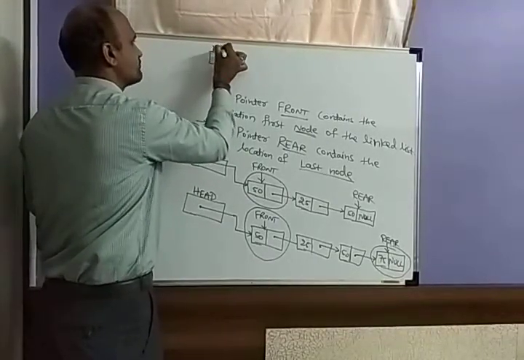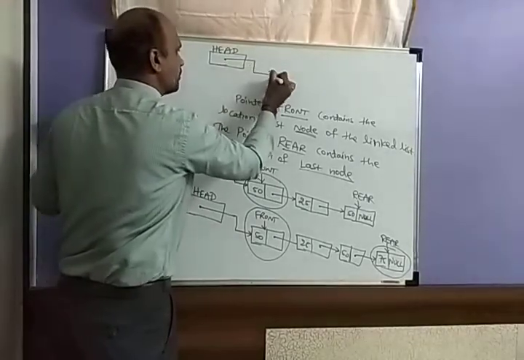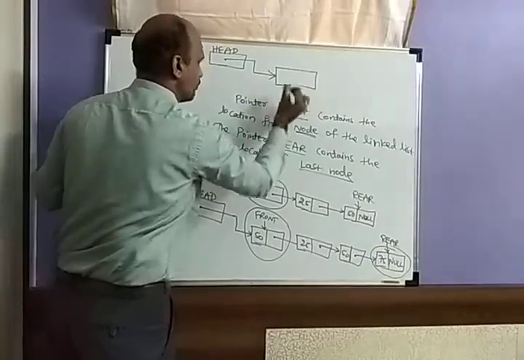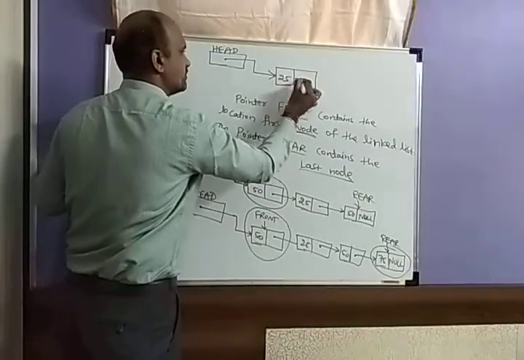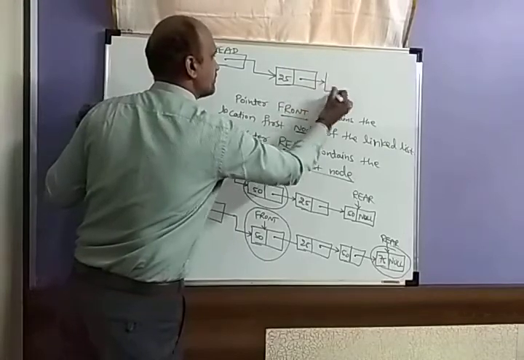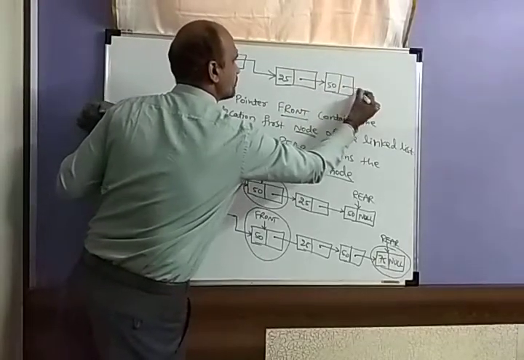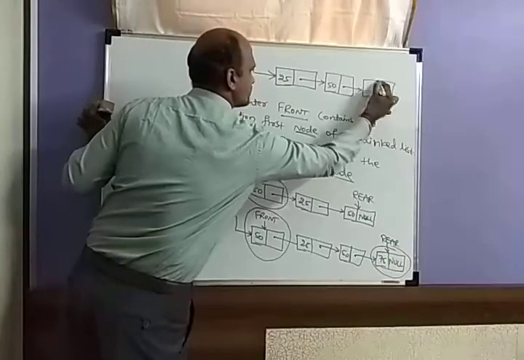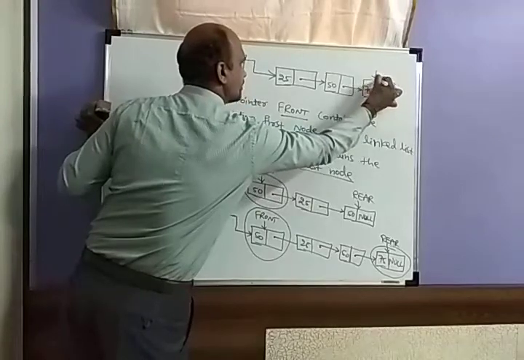And when you remove the node, this node will be deleted. So the only one remaining is this one, 25. Then you have another node, the 50 element. We have another node, that is 75 with the null. So here it is rear.